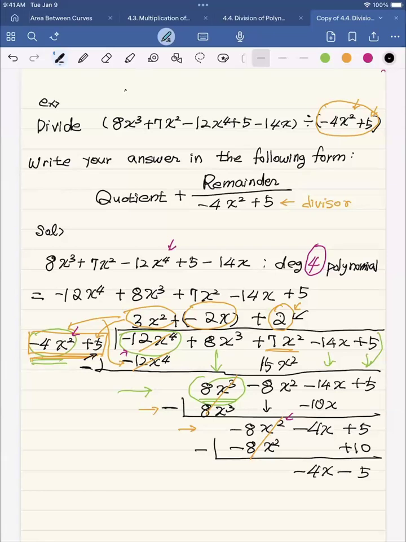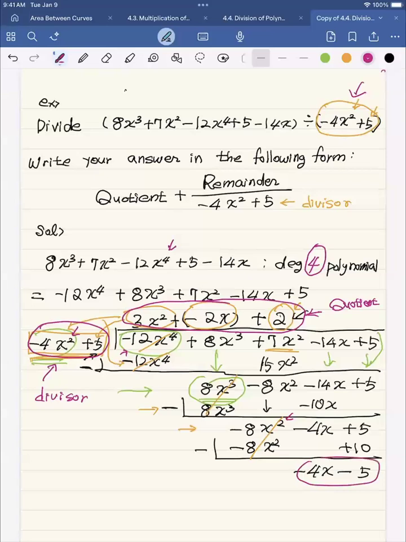As I said before, each part has a name. This was the divisor which appeared in the denominator, is divided by, this is the divisor. And this part is the quotient. And this one is the remainder.